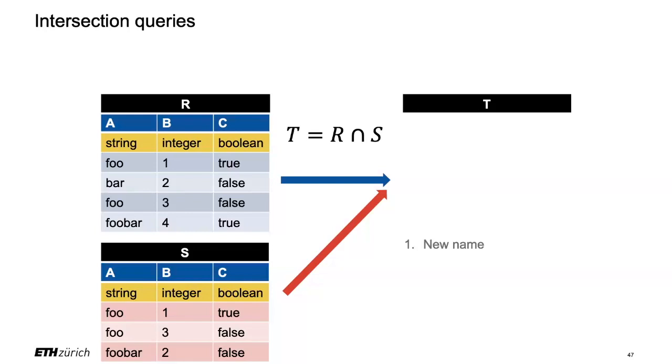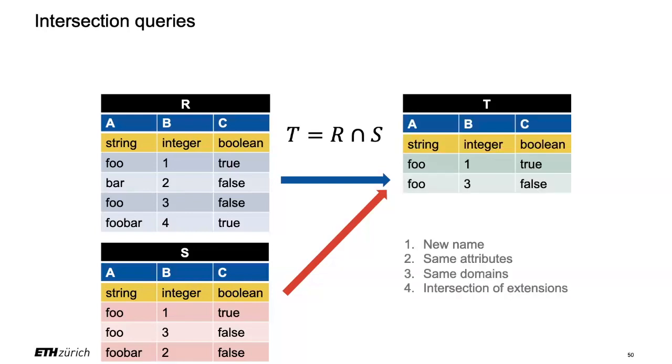Two of them. Yeah. So we have the same attributes and the same domains. And I have foo 1 true, you see it's appearing both in R and S, right? And foo 3 false also appears in both. This is called the intersection of the 2 tables. You need that same constraint that they must have the same attributes and the same domains. Okay, so that's the intersection.